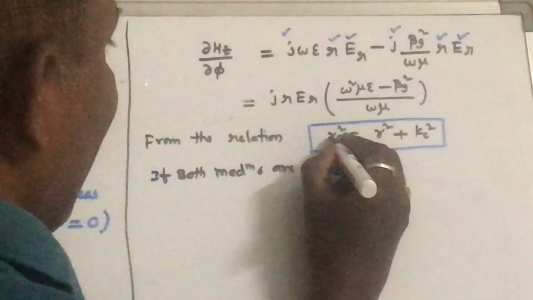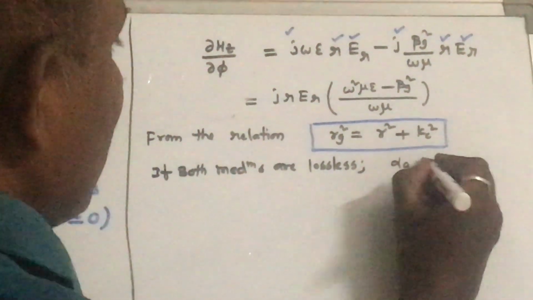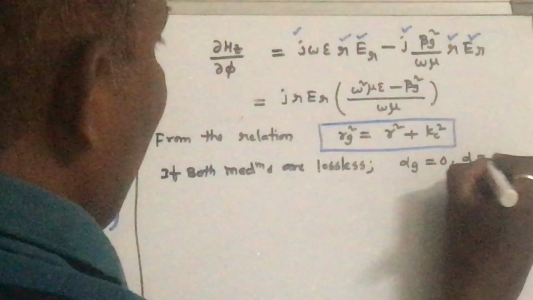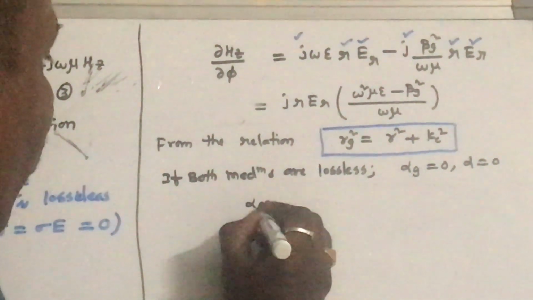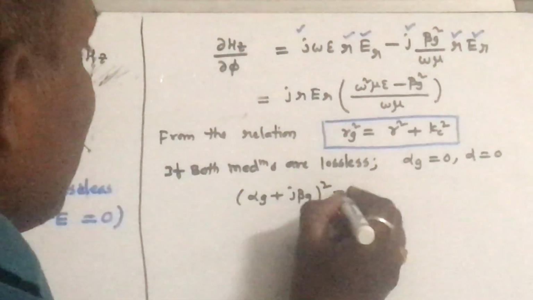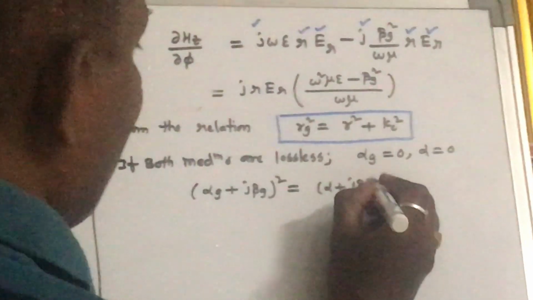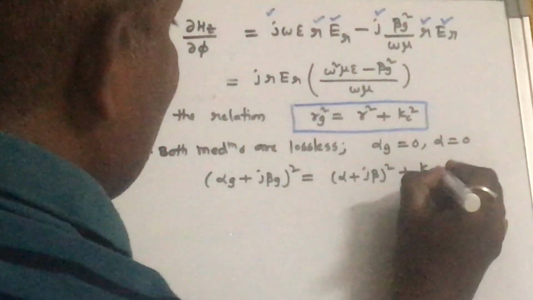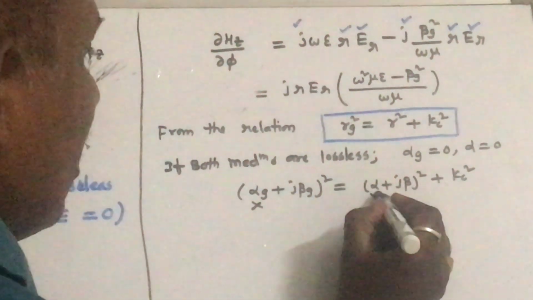you can write alpha G plus j beta G. Alpha is 0, that means alpha G is equal to 0 and alpha is equal to 0. Since gamma G is equal to alpha G plus j beta G whole square, and gamma square is alpha plus j beta whole square plus Kc square, and since these two mediums are lossless, this term is 0 and this term is 0.